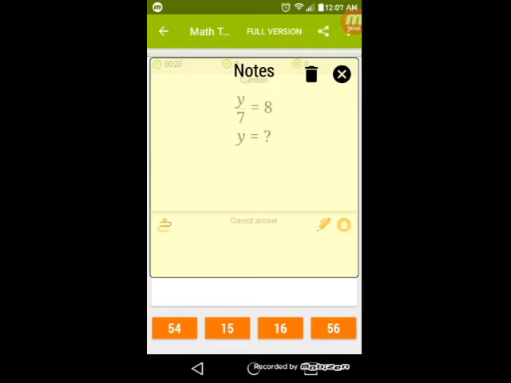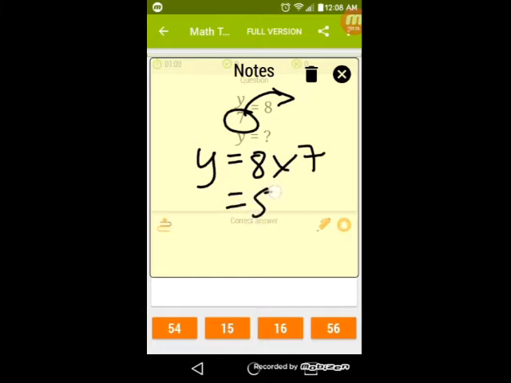So when we look at this problem, we want to get rid of the 7 that is dividing y, and if we take this 7 over to this side, then we are doing the opposite function, so it is multiplied by 7. So I would write y is equal to 8 multiplied by 7, because the 7 has disappeared from the left side, and 7 eights are 56. And that's the correct answer. On to the next one.